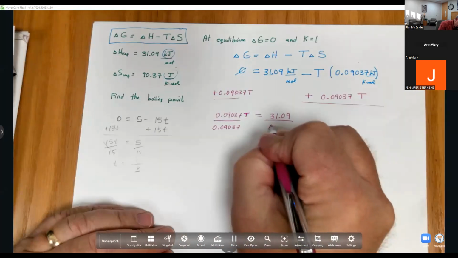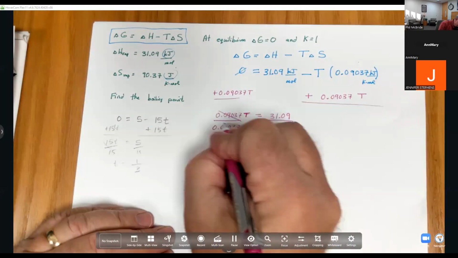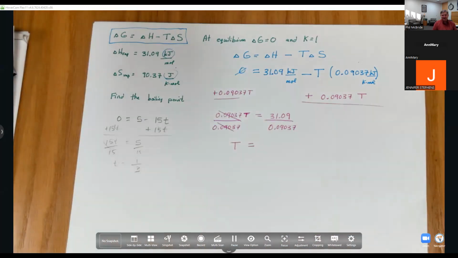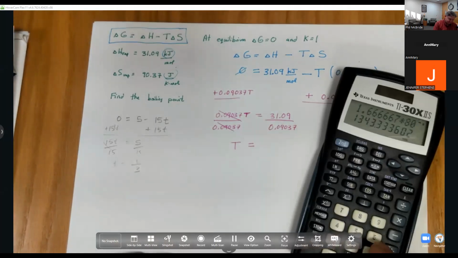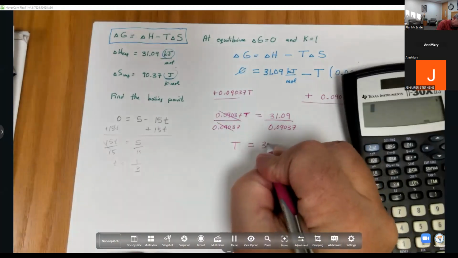This is why you're taking that algebra, Jennifer. Yes, indeed. You can do your chemistry. Right, then it's just doing the division. It's 344.03.